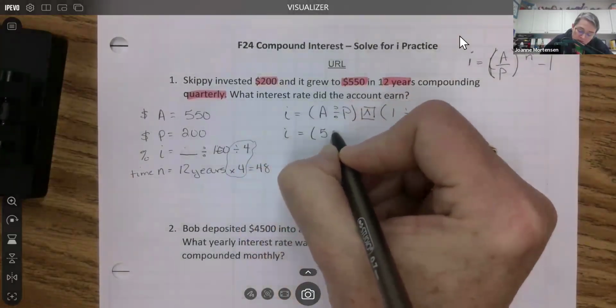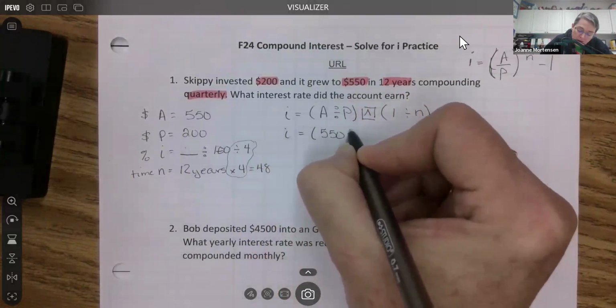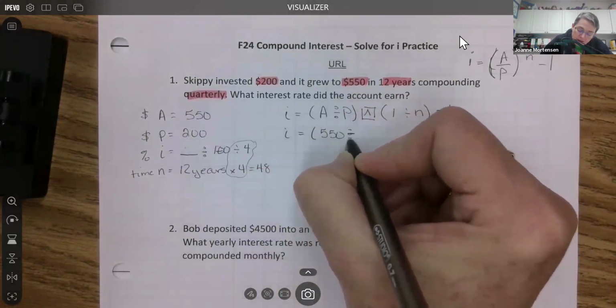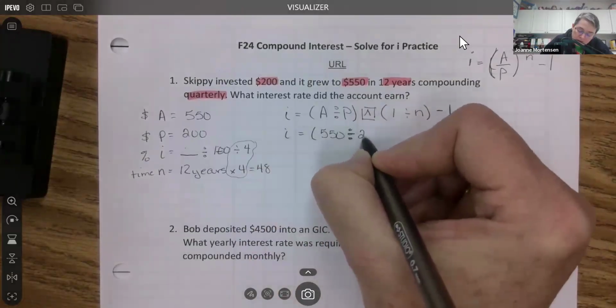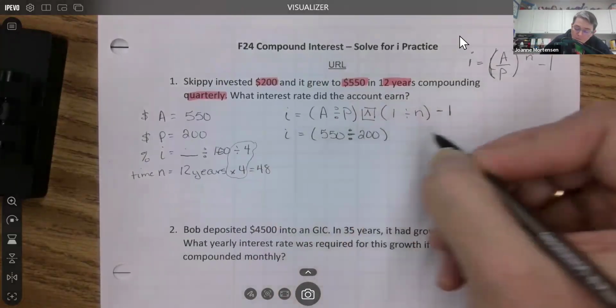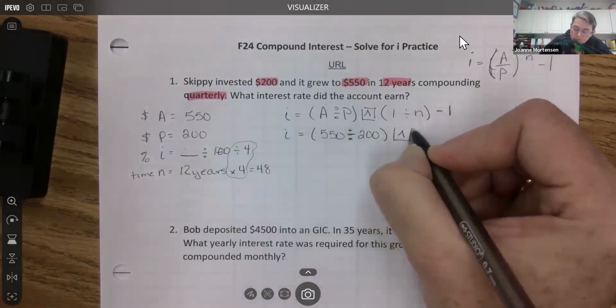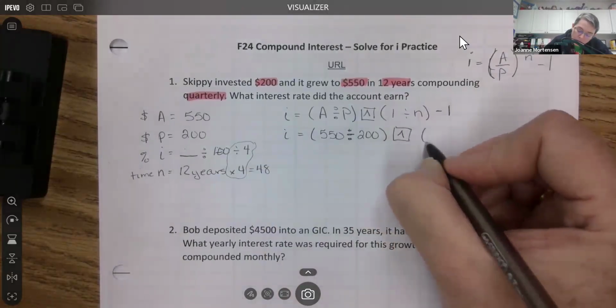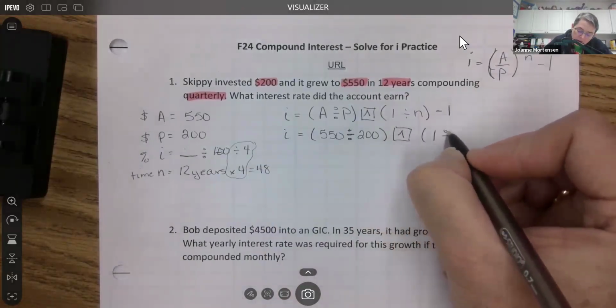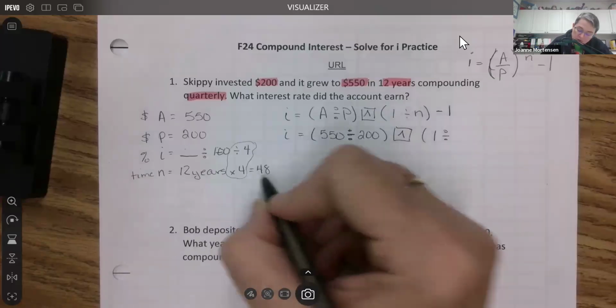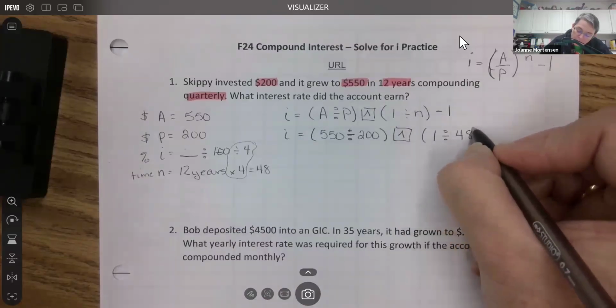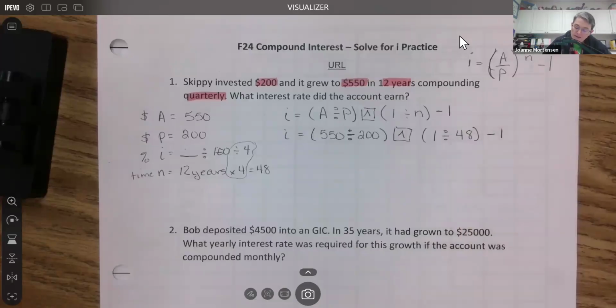A is 550, divided by 200. Here, 1 divided by n, which is 48, minus 1. Let's see if that works.